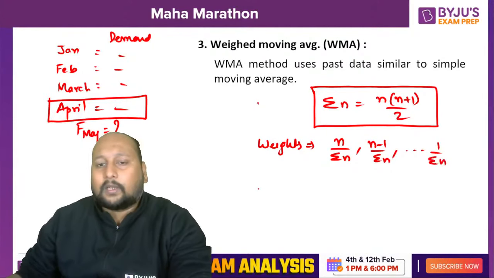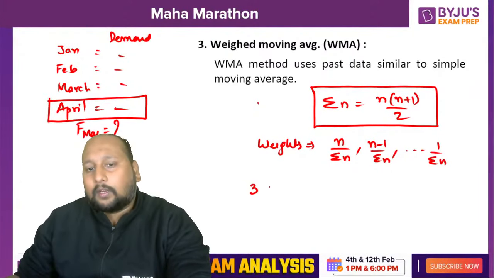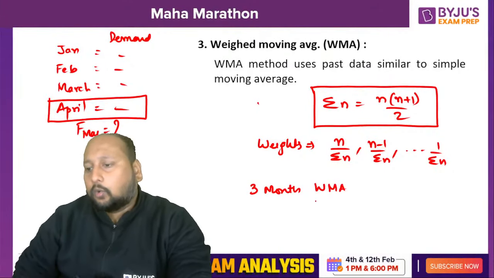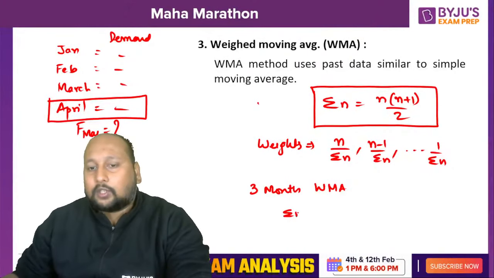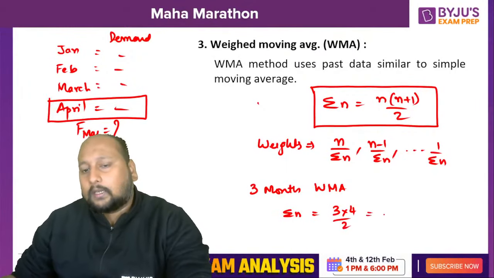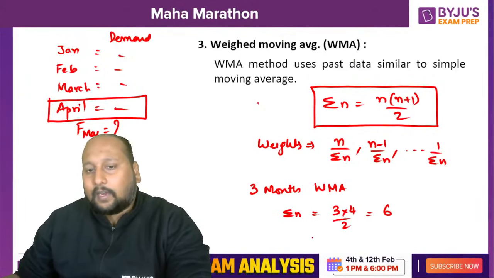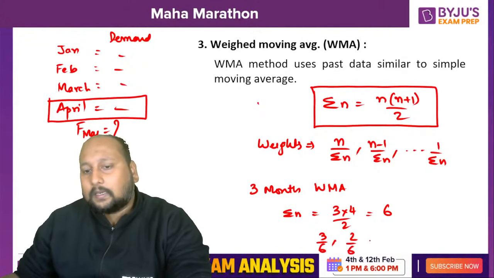Let us take an example. Let us suppose I'm taking a 3 month weighted moving average. So what will be the weights? Let us calculate summation n. Summation n will be equal to 3 into 4 by 2, that is 6. So we'll have the weights 3 by 6, 2 by 6, and 1 by 6.